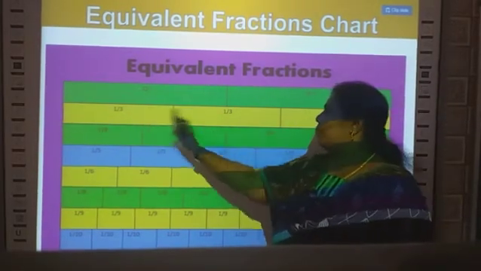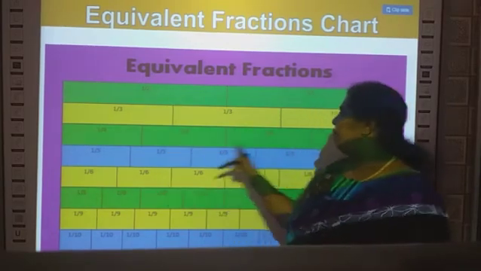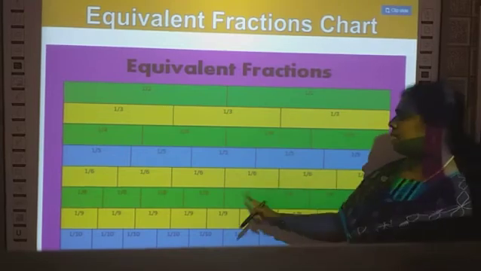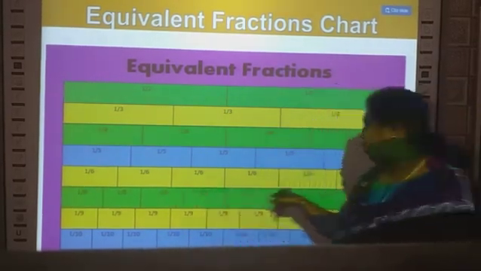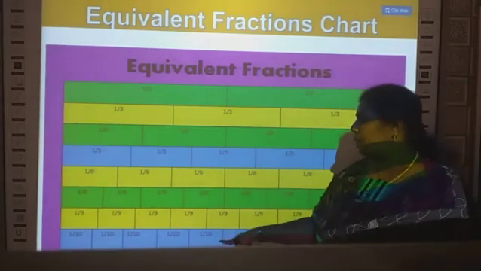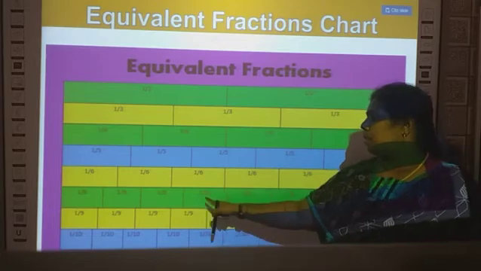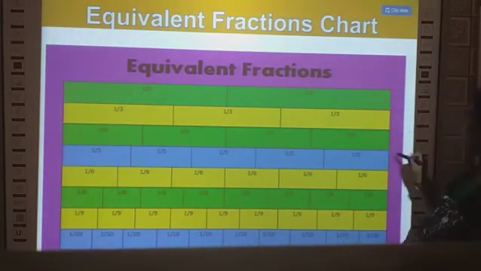Here it is divided into 3 equal parts, here 4 equal parts, here 5, here 6, here 8 equal parts, here 9, here 10. So these fractions are equivalent fractions.